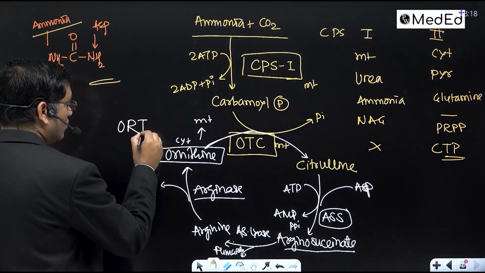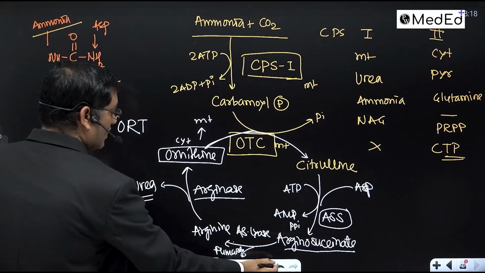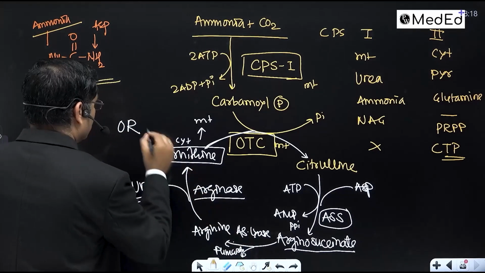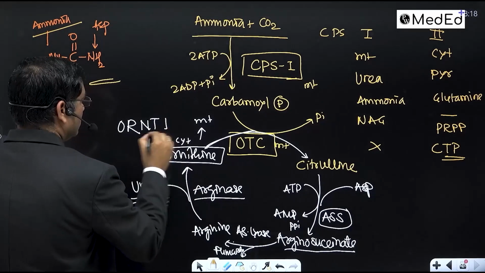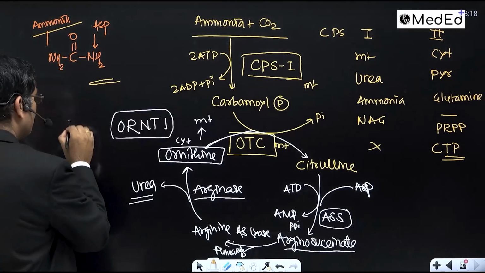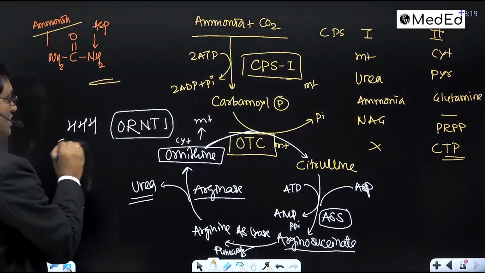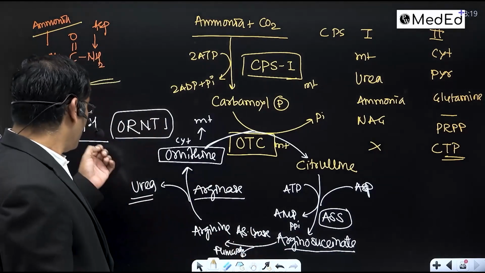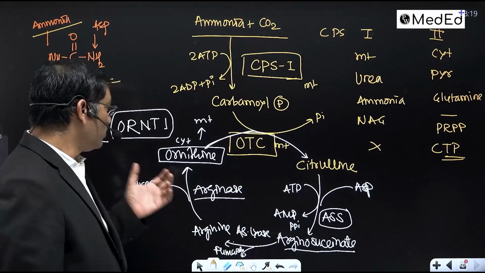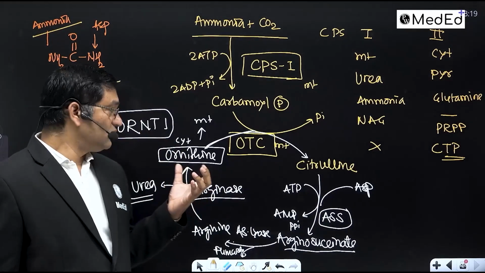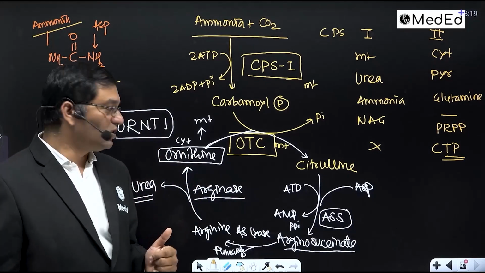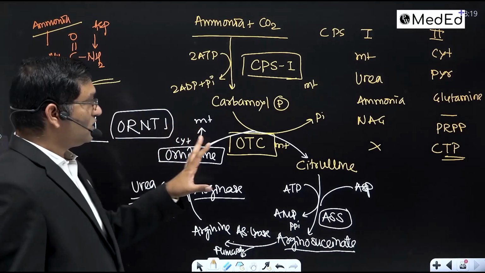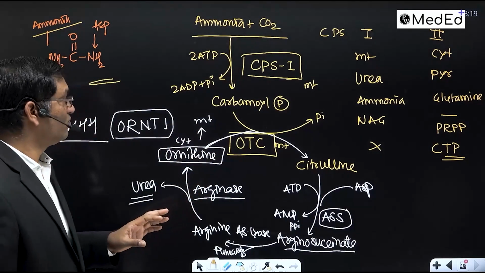A defect in the ORNT1 gene leads to HHH syndrome: hyperornithinemia, hyperammonemia, and homocitrullinuria. We'll discuss that. So this is the urea cycle.